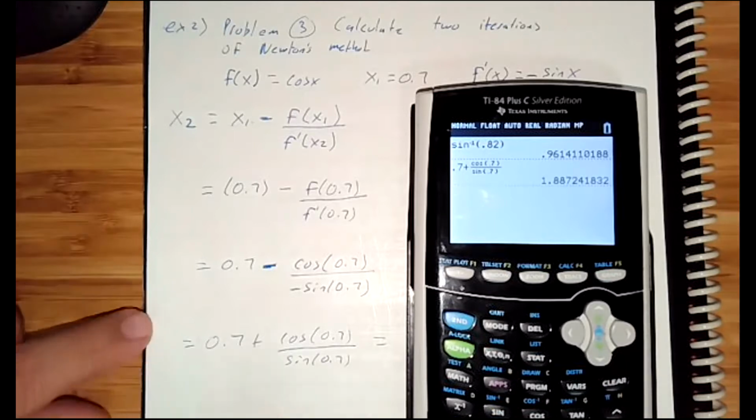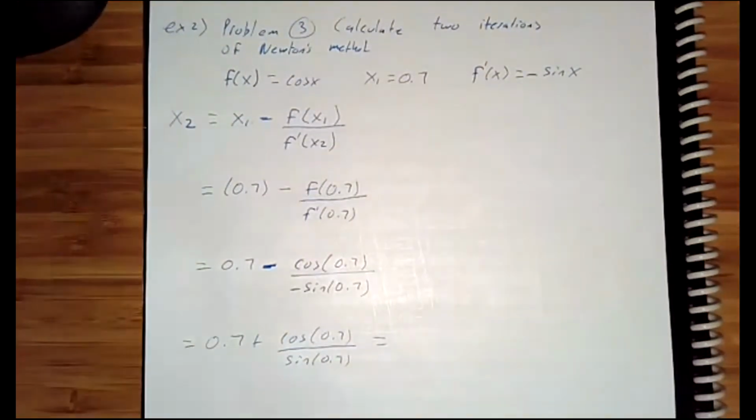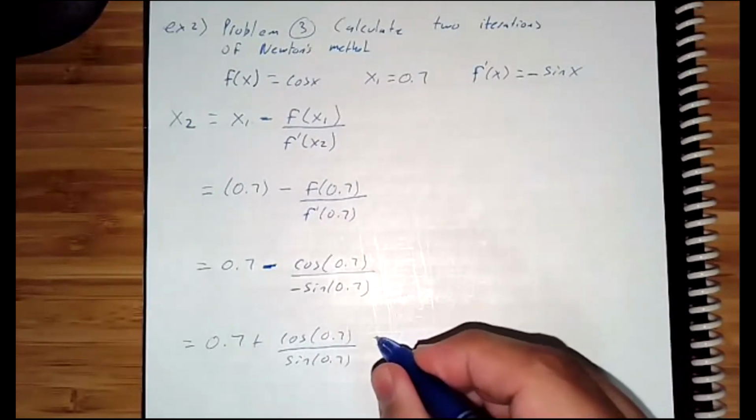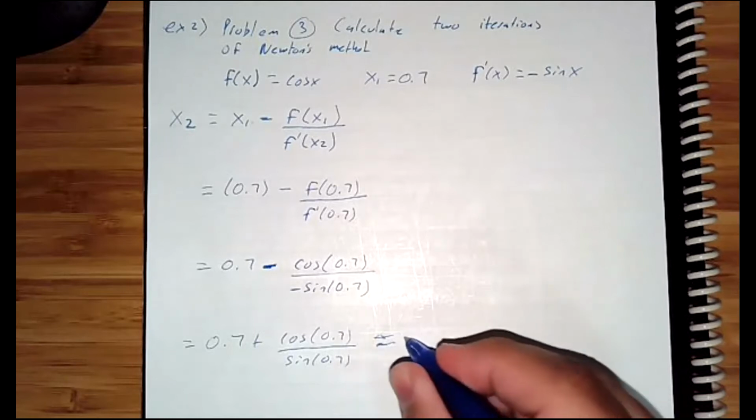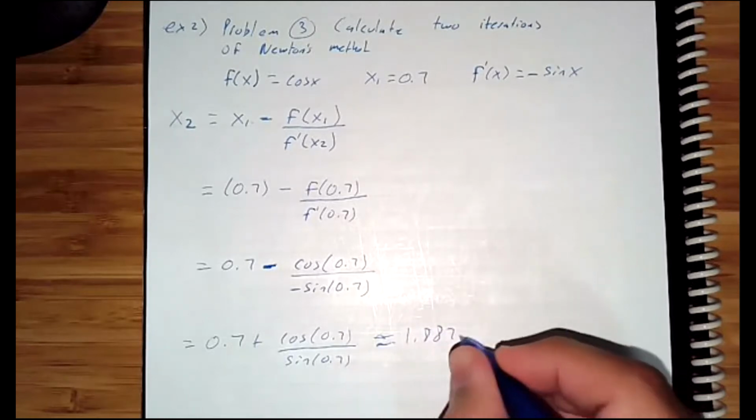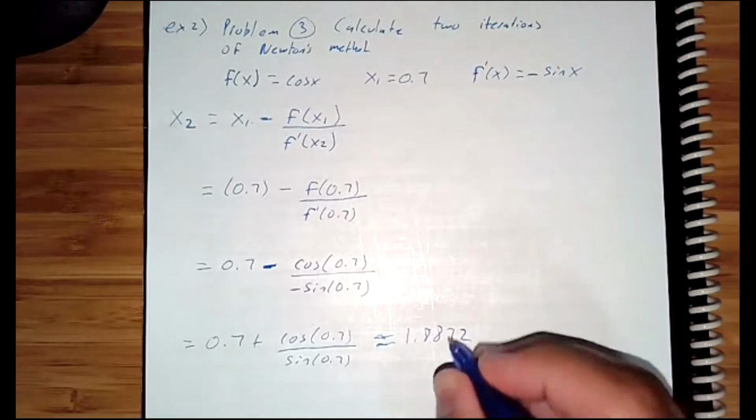So this is what they really want you to do. Just find this number. We round to how many? They said 4 decimal places. So this is approximately 1.8872.